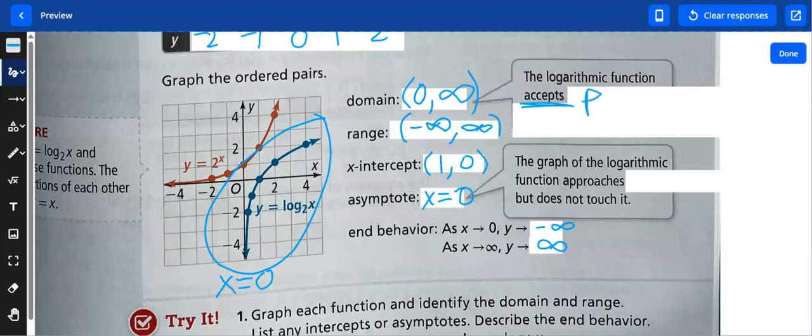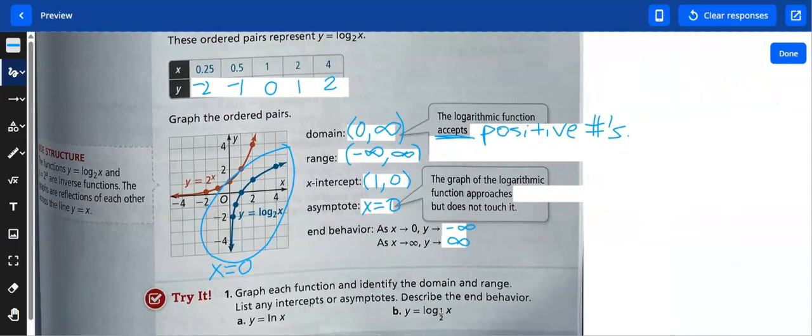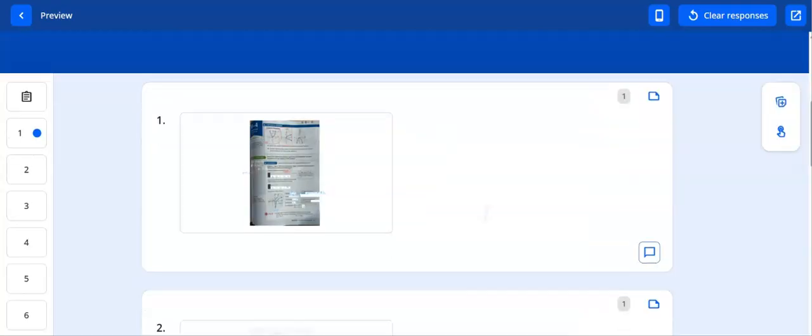Positive numbers. You can't plug in 0. That's the vertical asymptote. You can't plug in negative numbers. We already talked about that. This picture verifies it. I have already drawn one of these out for you before so that you would understand, because I think the picture is kind of useful, in my opinion.